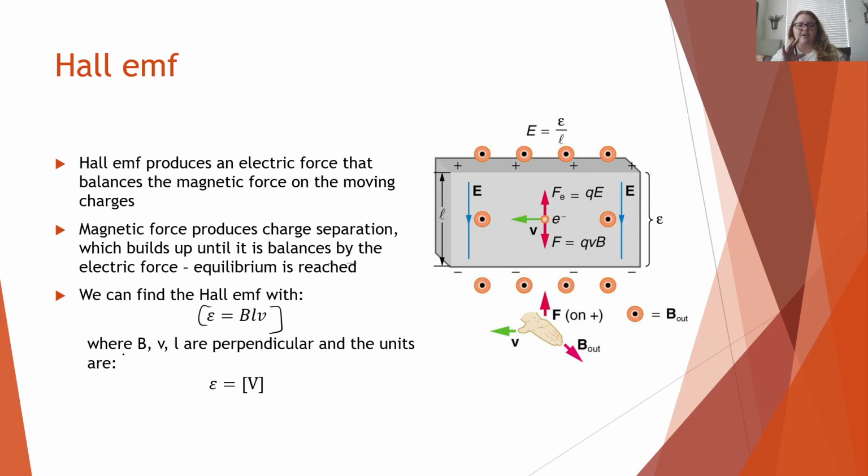In terms of actually having to calculate this, I'm not going to ask you to. I may just ask you some very basic ideas about this. I'm trying to think of a good example of what I would maybe ask you on any kind of homework about this. Probably just some idea of what the Hall effect is.